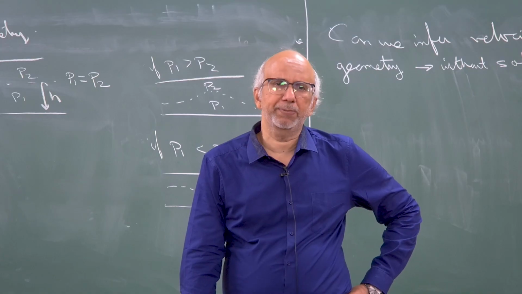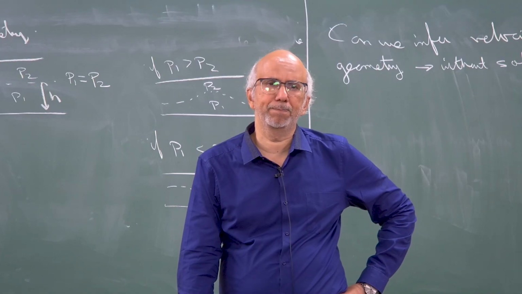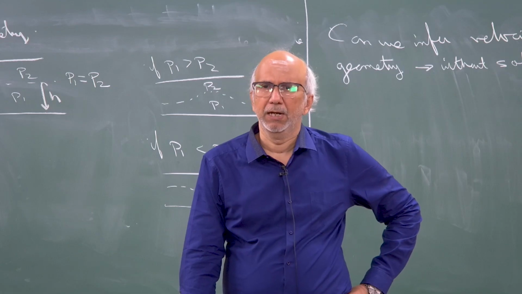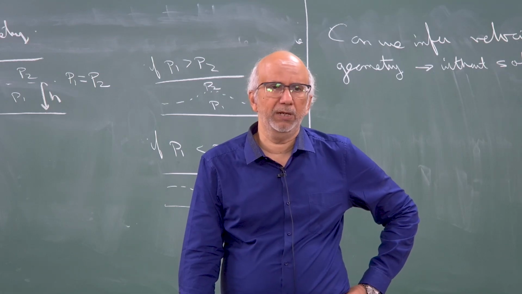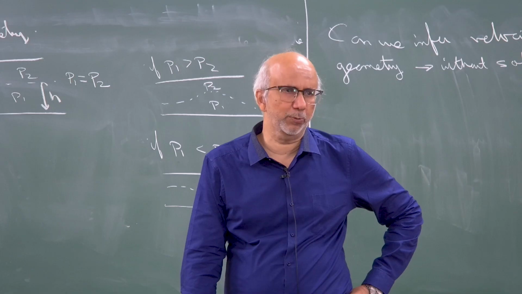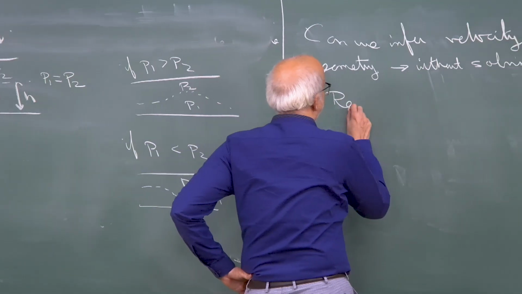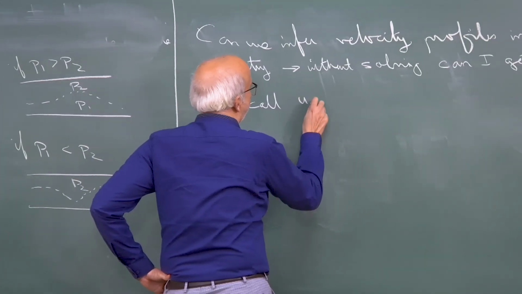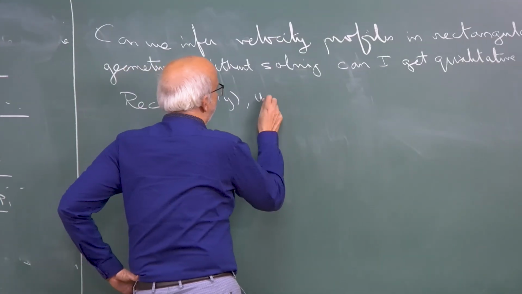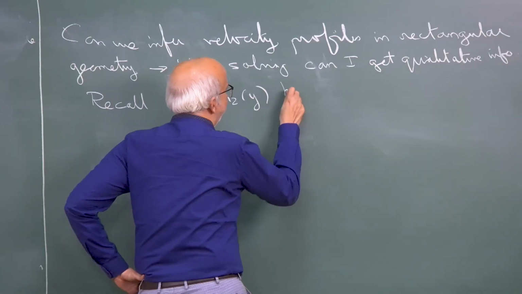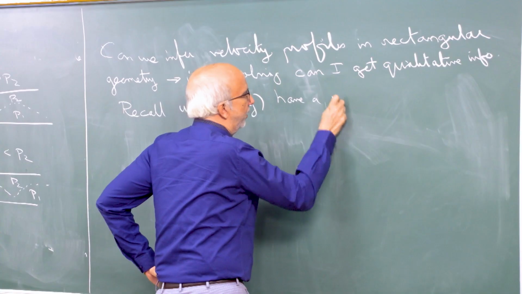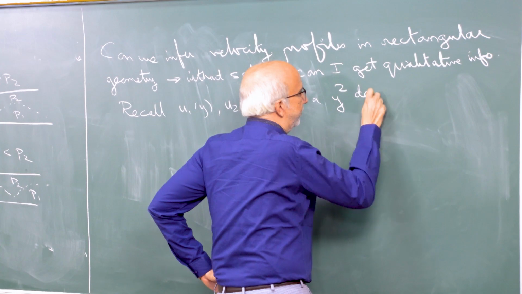So, what we expect is that both the velocity fields are going to be like a parabolic, because when you have y squared, so u1 of y and u2 of y have a y square dependency.